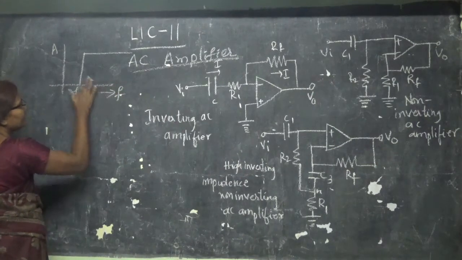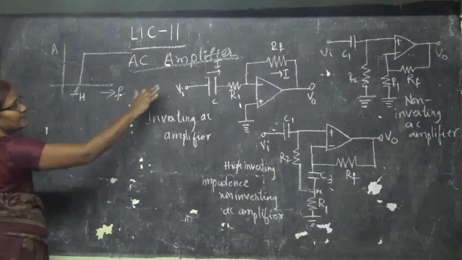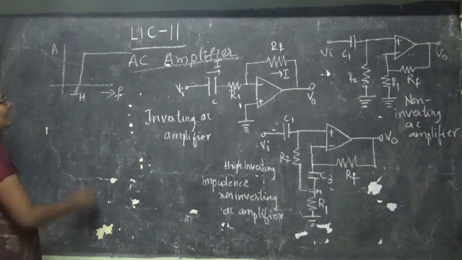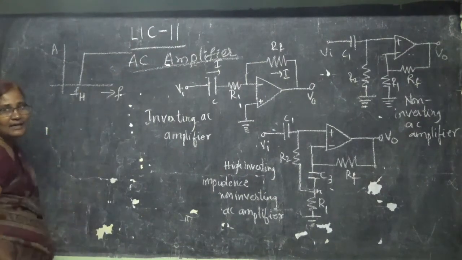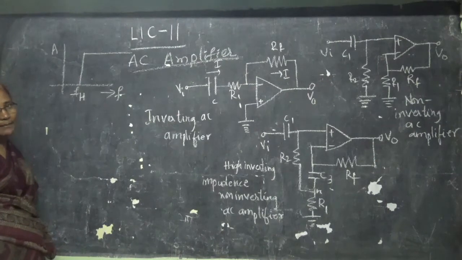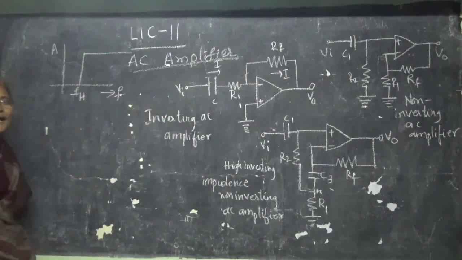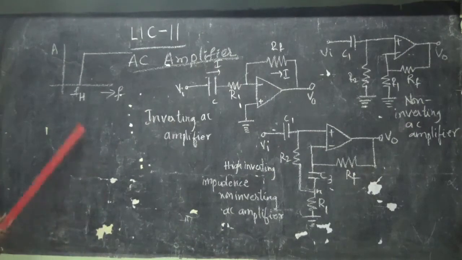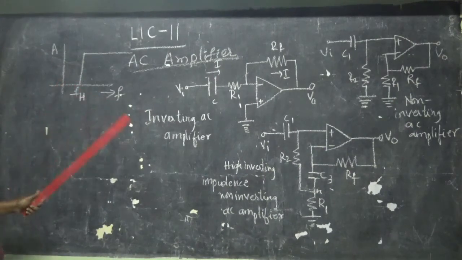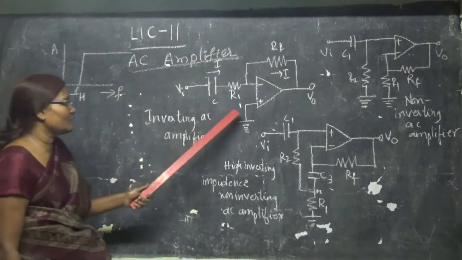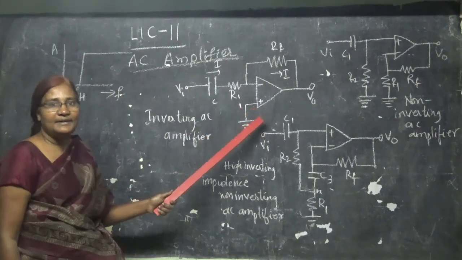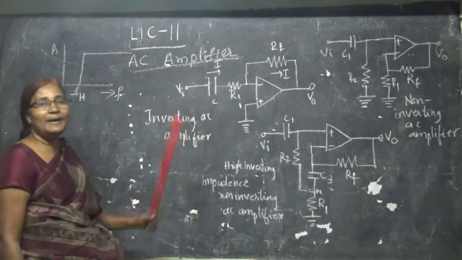That is the reason it is called a high frequency amplifier, a high pass amplifier. That means only high frequencies are amplified. So here this is the frequency response of my high pass amplifier. Only high signals are passed.